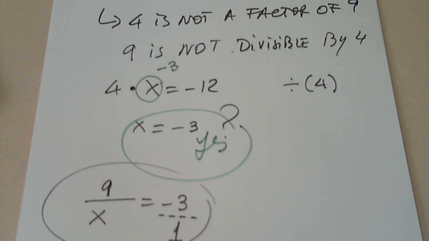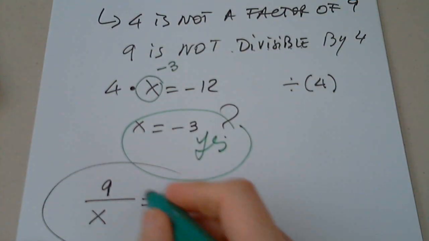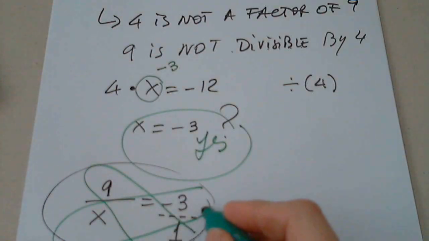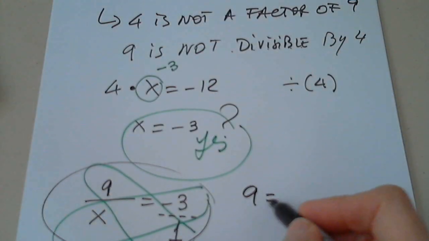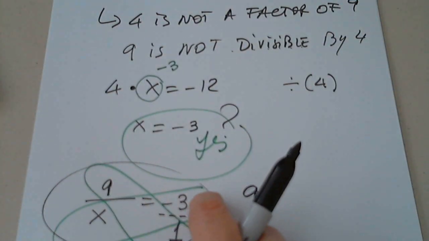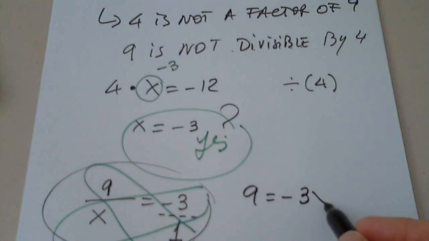Proportions. Very good. If it's a proportion, what am I allowed to do? Cross multiply. I am going to cross multiply. 9 times 1 is 9. X times -3. We put the number in front, and it's -3x. Because it's multiplication, I don't have to show it.